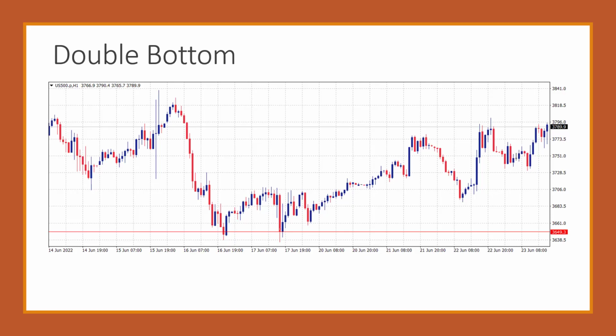But also, if you have a lot of tests and you're not getting a convincing bounce, like we've sort of had here, we've actually gone higher. But if we say only bounced to here and we didn't break above these highs that were formed after the first bounce, and then we went down and tested it again, that maybe indicates that the market appetite is to go lower and break through the level.